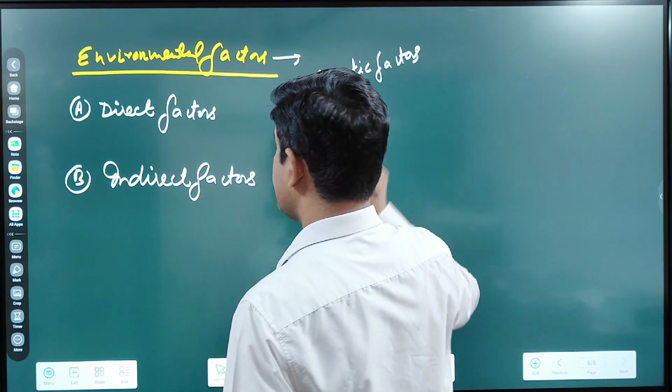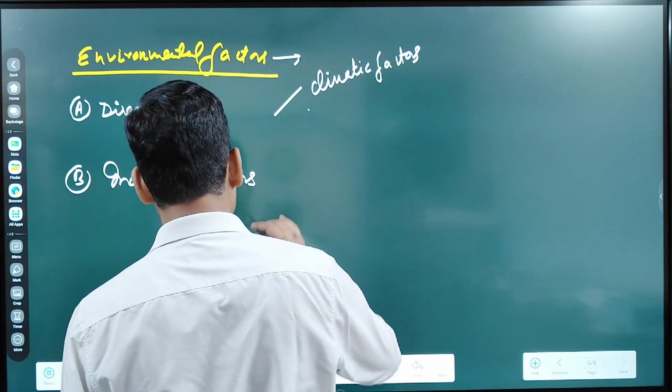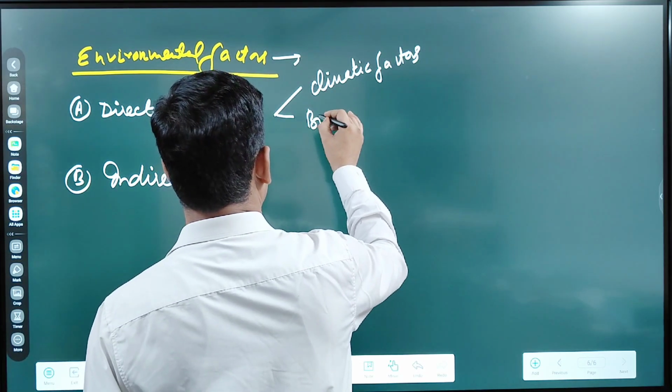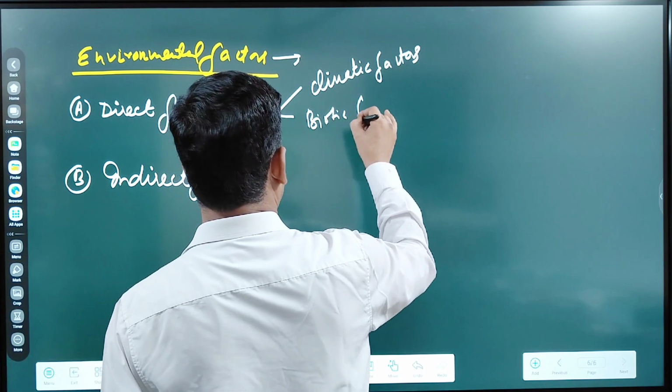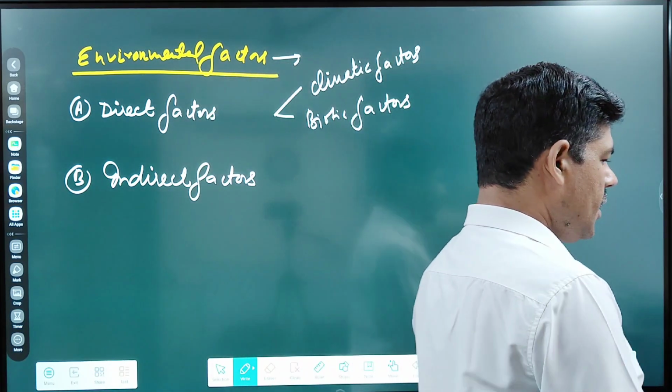These are direct, and the other is biotic factors.